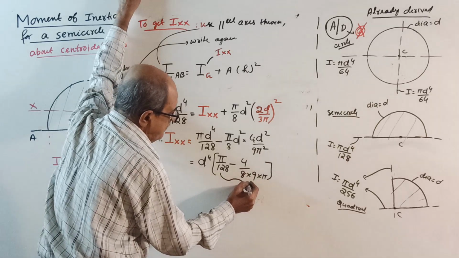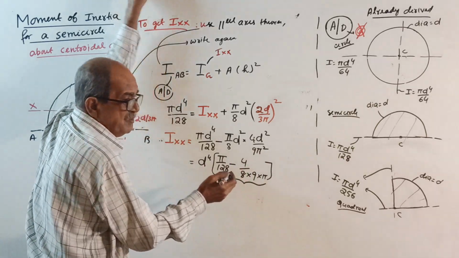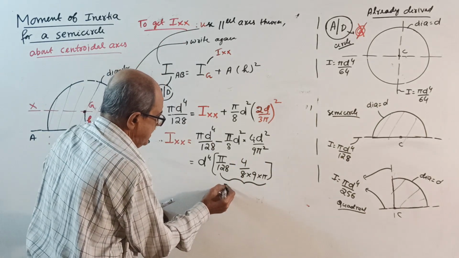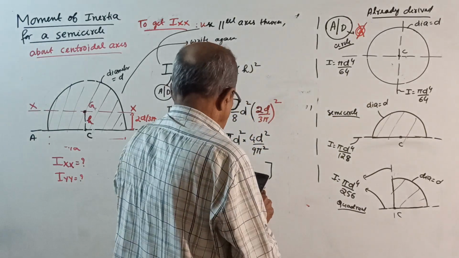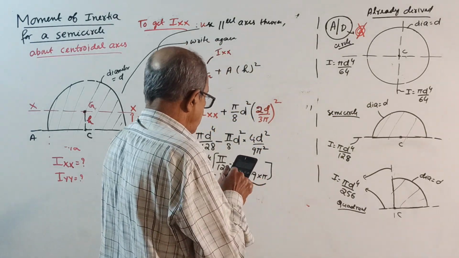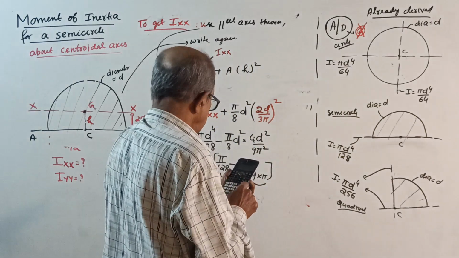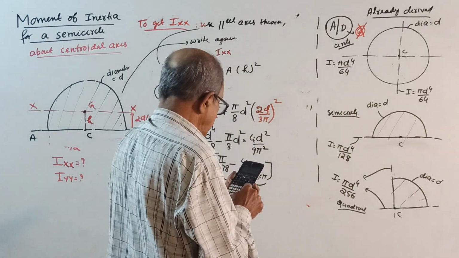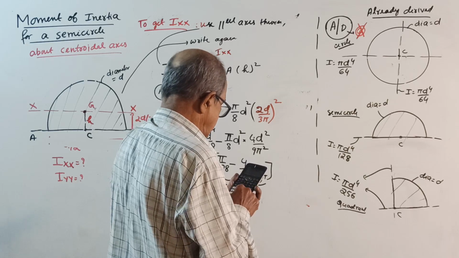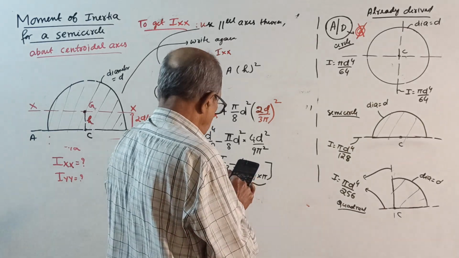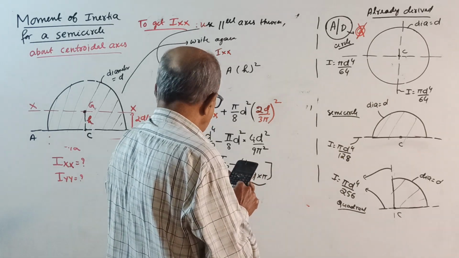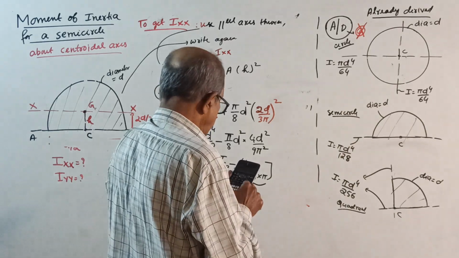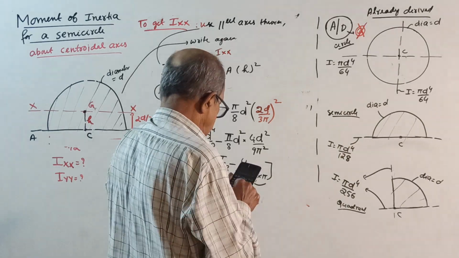This number you cannot remember, people will calculate it. It will be pi by 128 minus 4 divided by 8 divided by 9 divided by pi on the calculator.